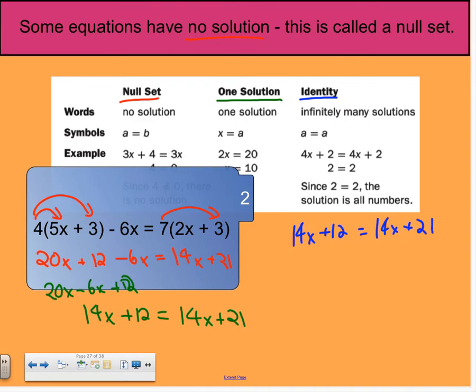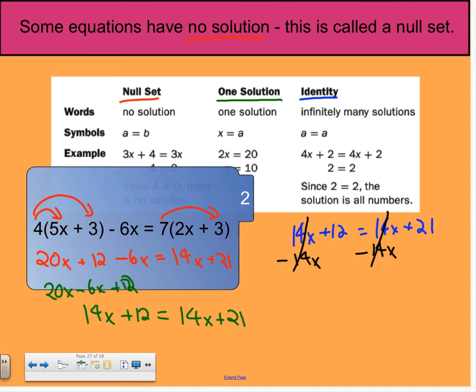Now, some of you are probably looking ahead and thinking, well, what are we doing next? What if I get rid of that 14x? So if I get rid of 14x right here, what do I have to do on the other side? Subtract 14x. Good job, Trey. Now, these both become a zero pair.